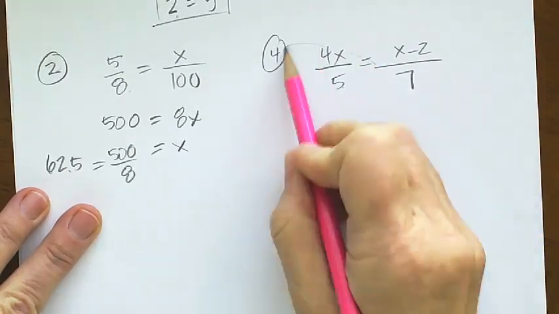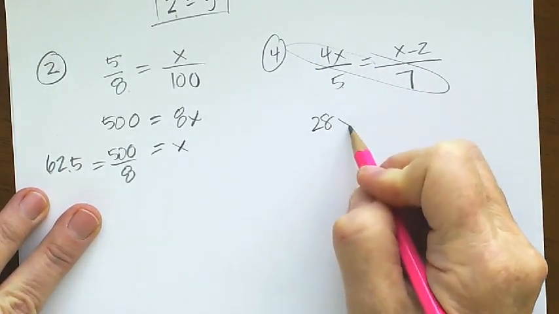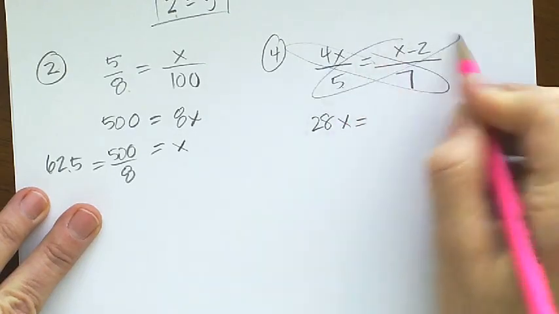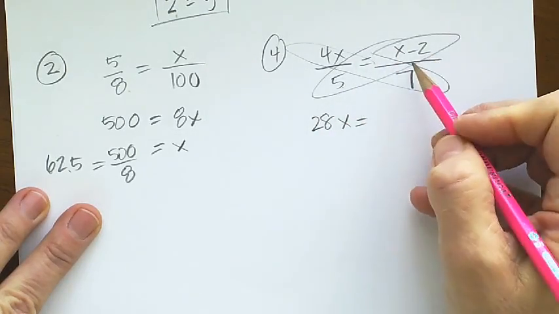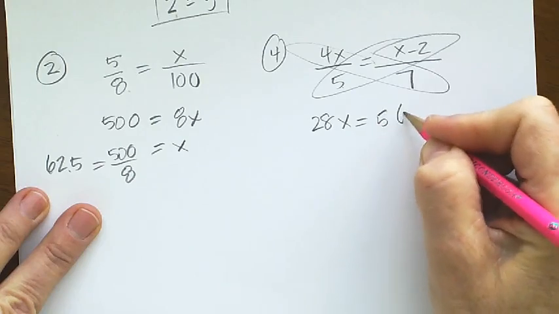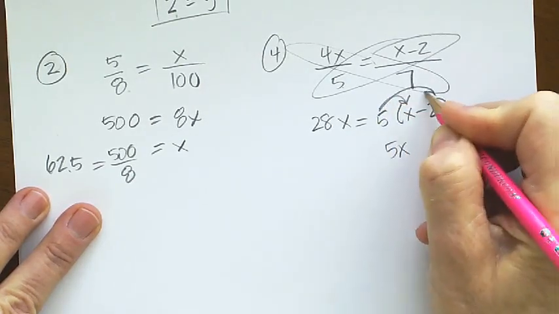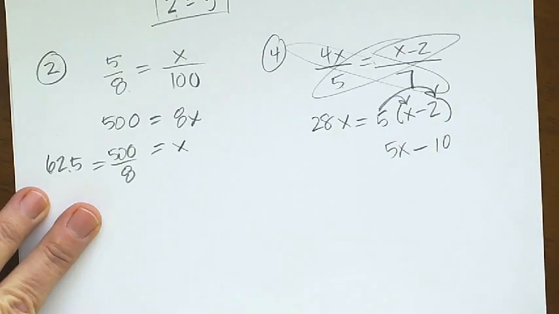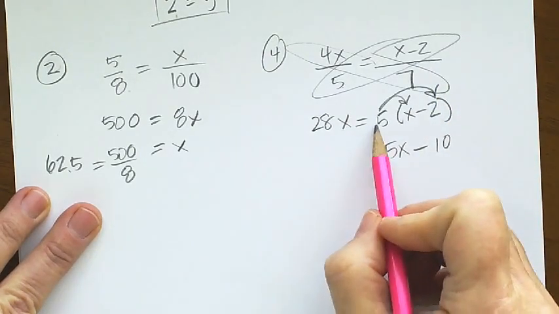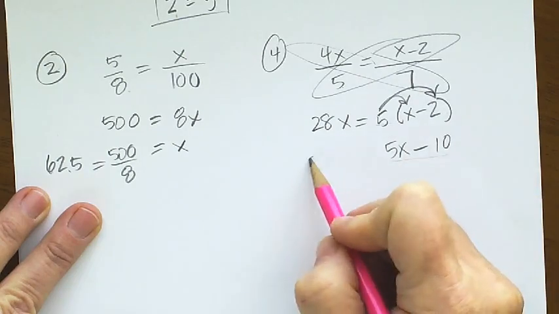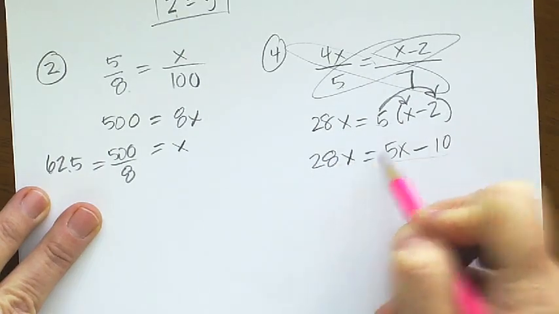Okay, cross multiply, that's going to give me 28x equals, now you could skip this step and just write the final answer. I'm writing it out in case you need it. 5 times x would be 5x. 5 times 2 would be 10, so it's going to be 5x minus 10. It's fine if you want to not write this and just go straight to this.